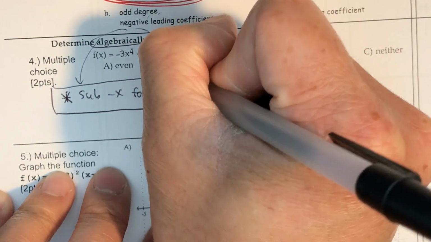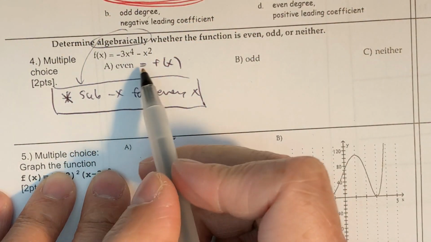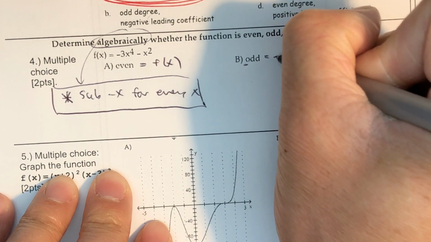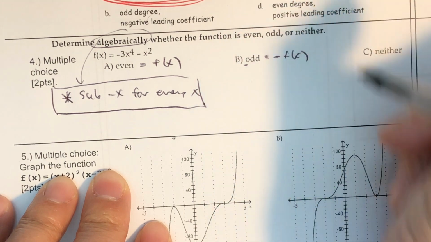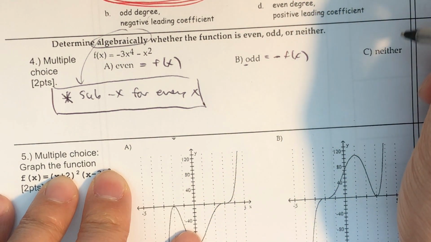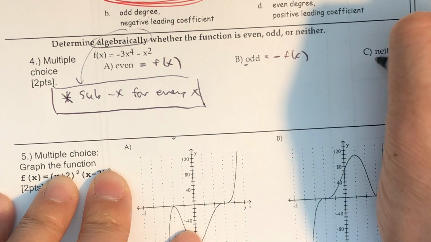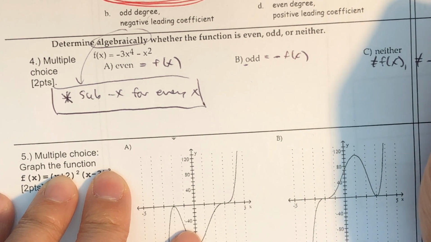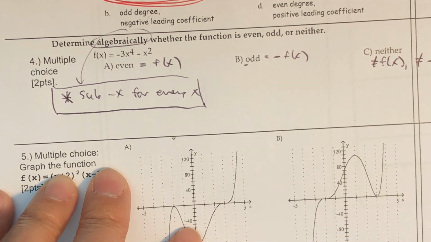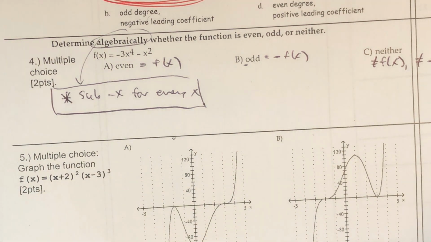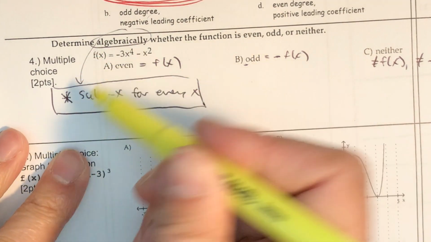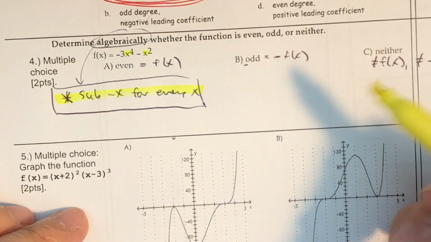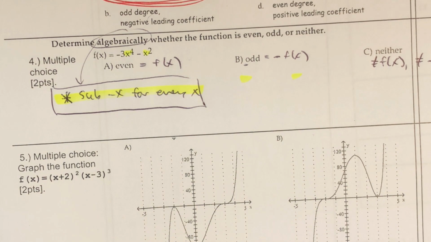If it's equal to the original function, then it is even. If it is the opposite of the original function, then it's odd, and then it's neither if it's not even, not odd. So let's put in negative x for every x value. Let's do that right there.